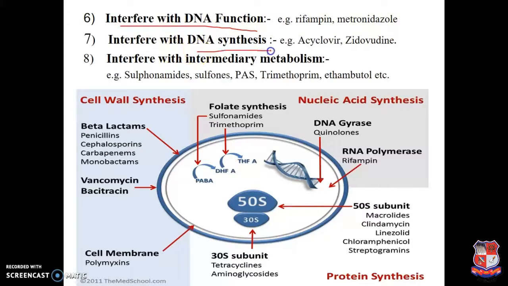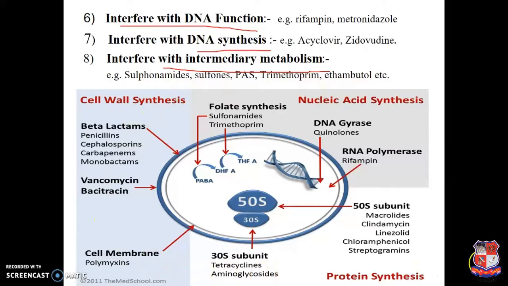Drugs that interfere with DNA synthesis: acyclovir and zidovudine, specifically used as antiviral agents. Drugs that interfere with intermediate metabolism, which is responsible for the development of bacteria as well as fungi, viruses or protozoa. Examples are sulfonamides, sulfone derivatives, para-aminosalicylic acid, trimethoprim, and ethambutol.